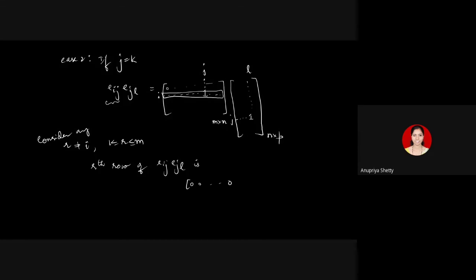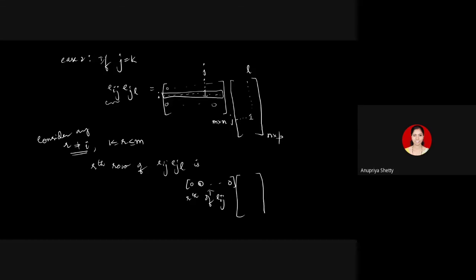This idea is similar to the previous. I have to multiply the rth row of the first matrix, the rth row of Eij, which is this row. Remember, r is not equal to i, so it is some other row other than the ith row, and they all have just zeros in them, so I've written a row of zeros.